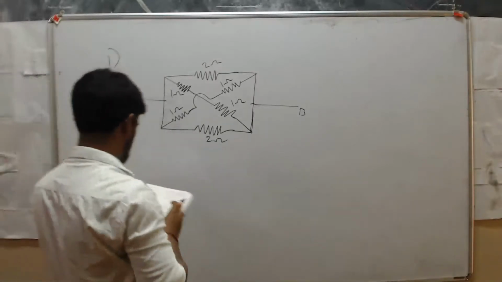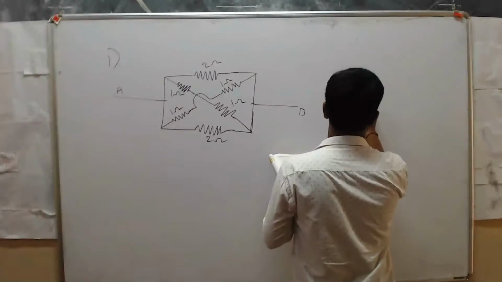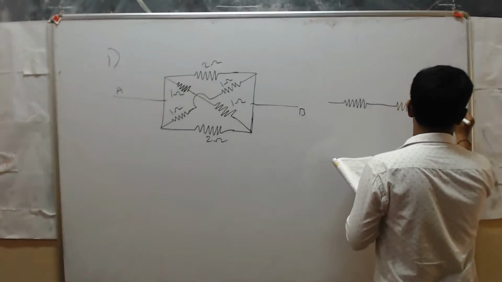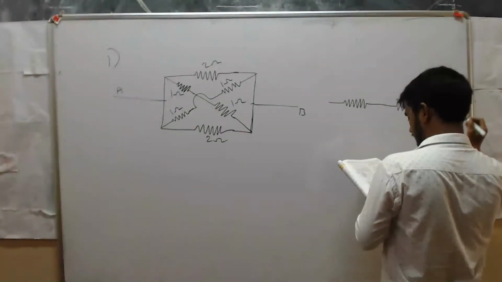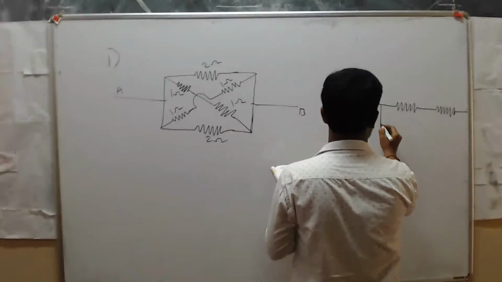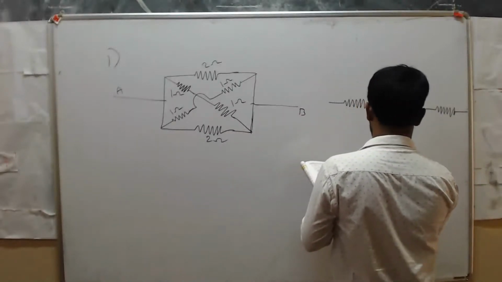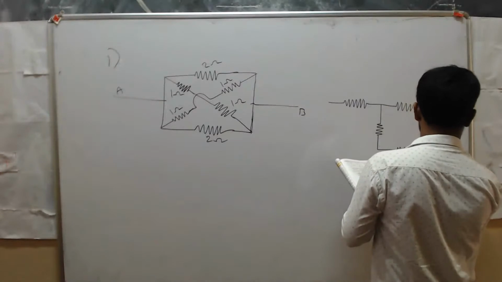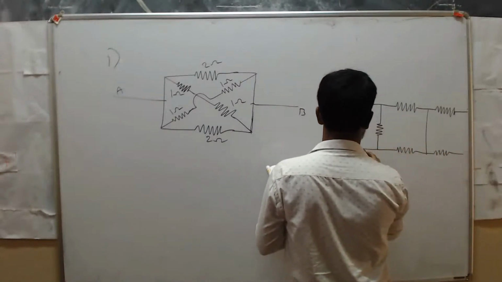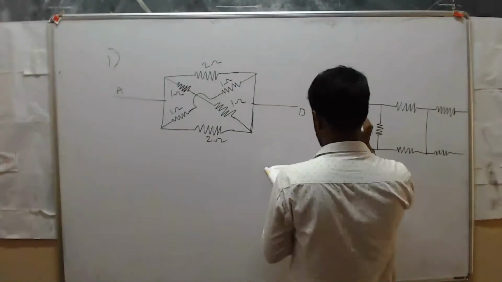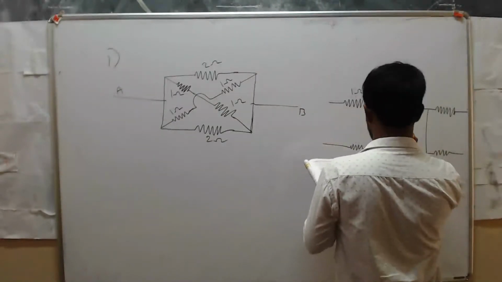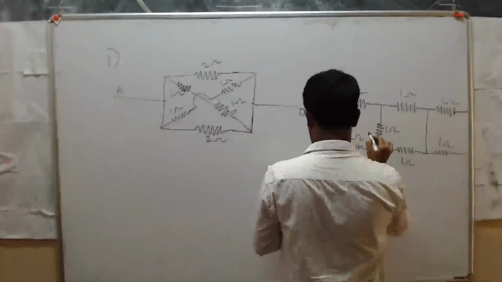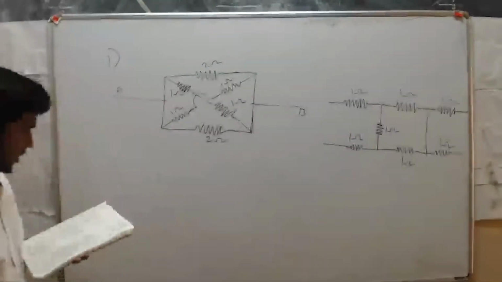First one and second one, with 1 ohm. Here we find the equivalent resistance.